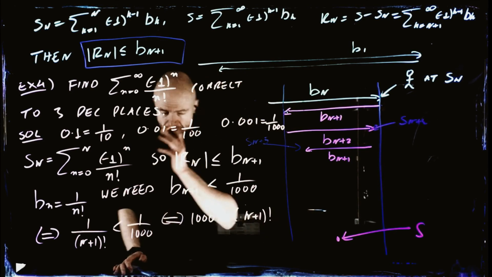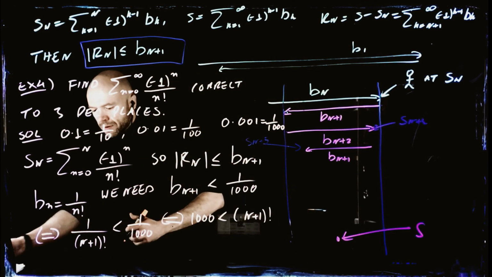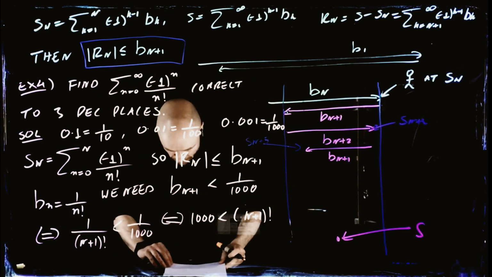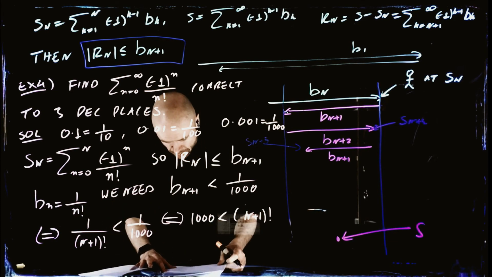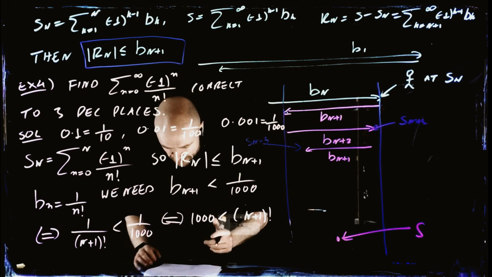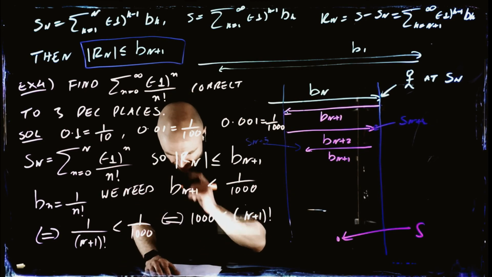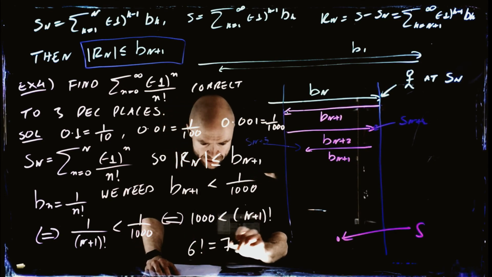Okay. Right. Let's see what happens when we consider numbers taken to some factorial. So if we consider some of these terms, for example, 6 factorial. 6 factorial turns out to be 720.